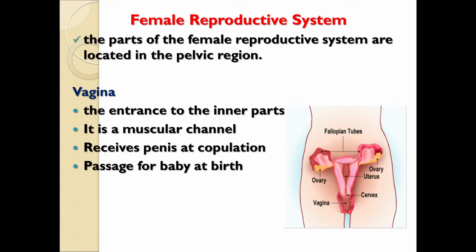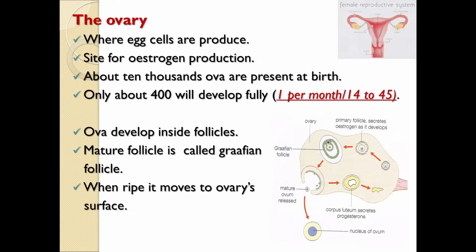The parts of the female reproductive system are located in a region that is known as the pelvic region. And of course, we have the different parts that have their different functions. So it is a must that you know their functions and also have the ability to label the different sections.